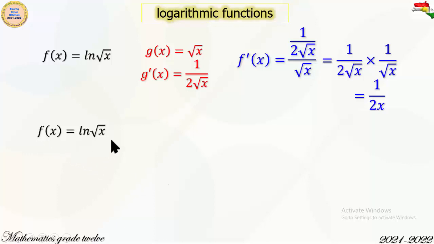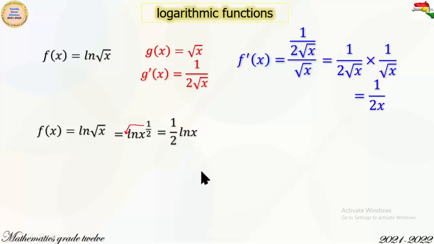We can solve this example in another way, maybe easier, by changing square root of x to the power, which becomes ln of x to the power 1 over 2. Take 1 over 2 to the front of the ln, which becomes 1 over 2 ln x.